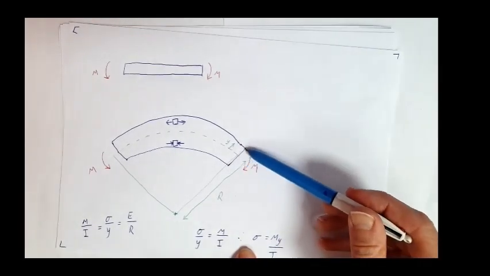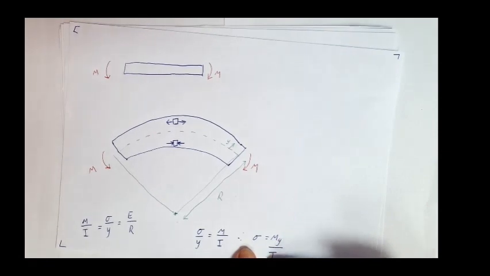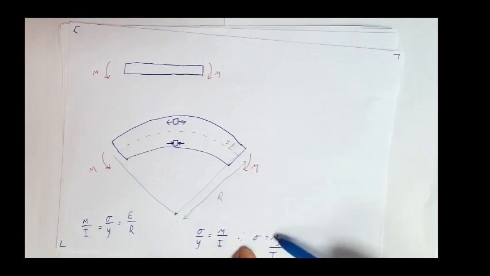Y is a maximum on the outside surface of the beam. That's where our stress is a maximum. If I increases, stress decreases. If M is 0, my stress must be 0.